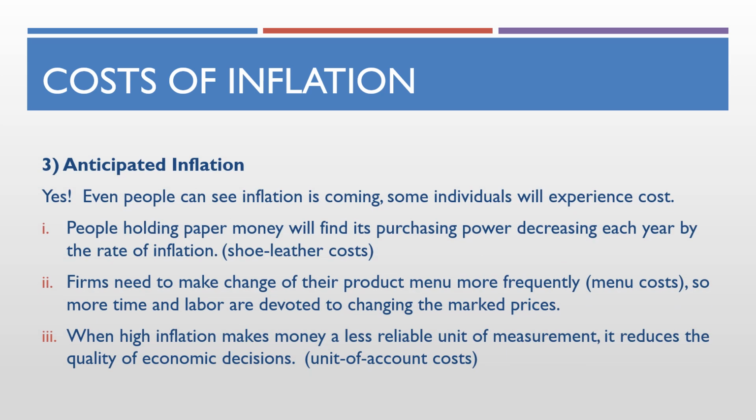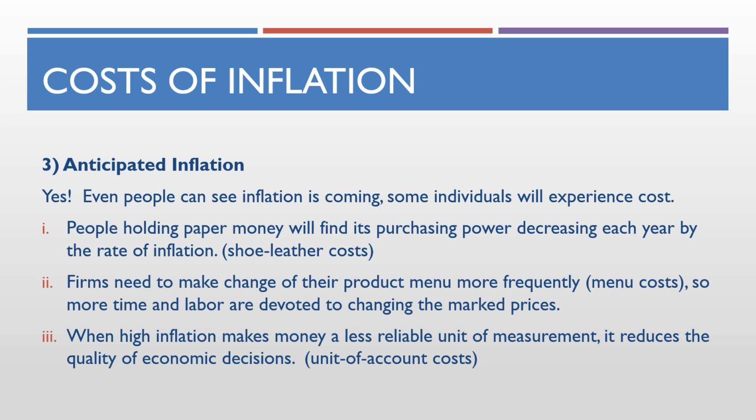So except for the costs imposed by the uneven wages or income adjustments, there's also another social cost that could be imposed by inflation, particularly when inflation is a known factor in the economy, and we call this anticipated inflation.